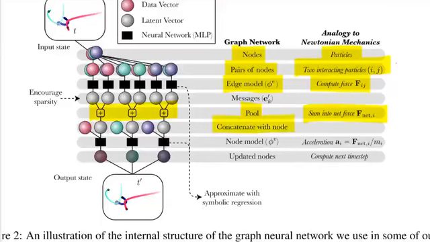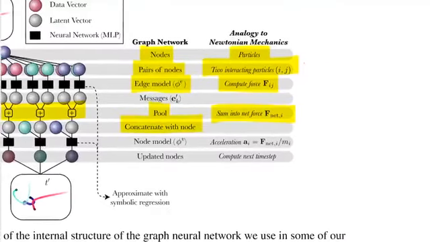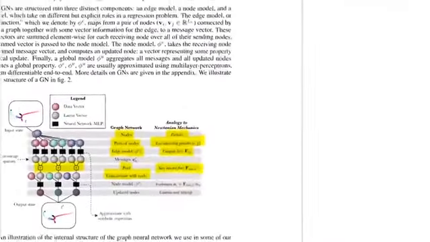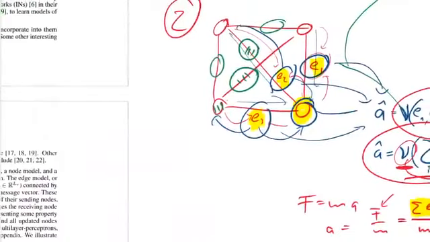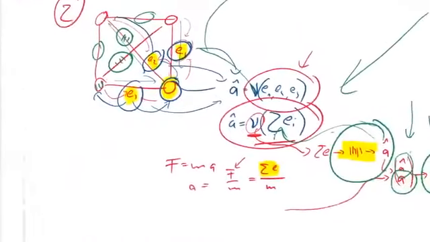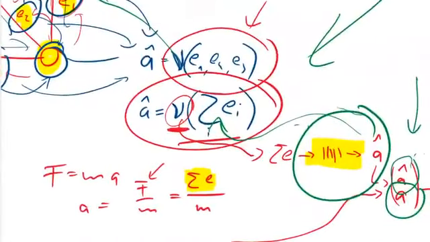Then concatenate with node. I guess I left this out, but whenever you compute the vertex properties, right here, I guess, what you want to do is not only input the edge messages, but each vertex has these features that we said, and these could also be fairly important.